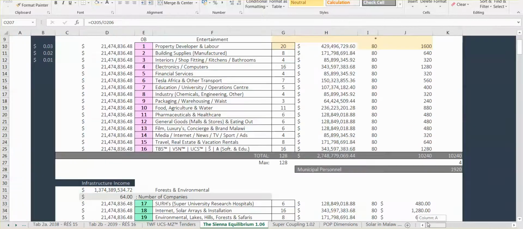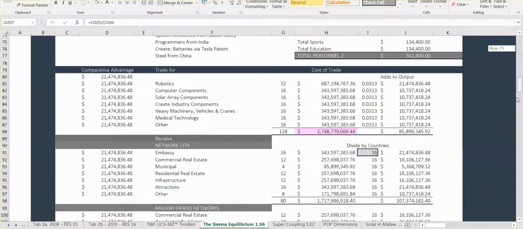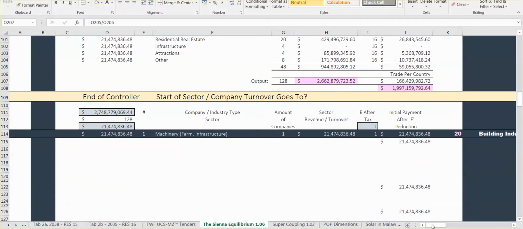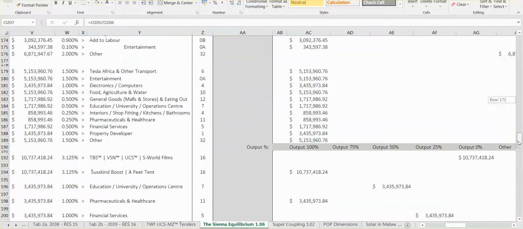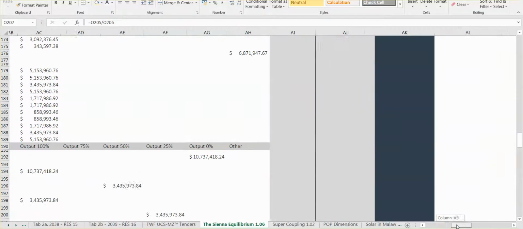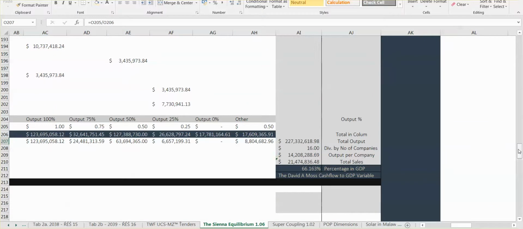And what does that make for GDP? We've been through this, so we know that output is 66.163%. And so we multiply. So say, for instance, we had 1 billion in investment. That was times by 12 for 12 spins. So 12 billion. We then have to divide that by 66%.